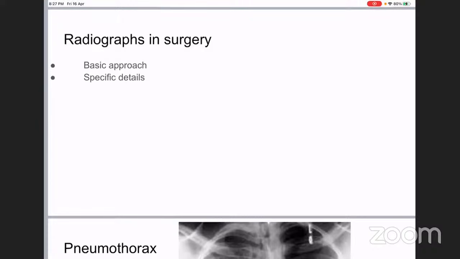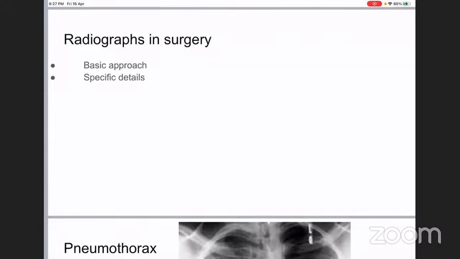You do not straight away give the diagnosis. You first say, this is a plain radiograph or a contrast radiograph of the chest in an AP view, or a PA view, or a lateral view, or an oblique view.